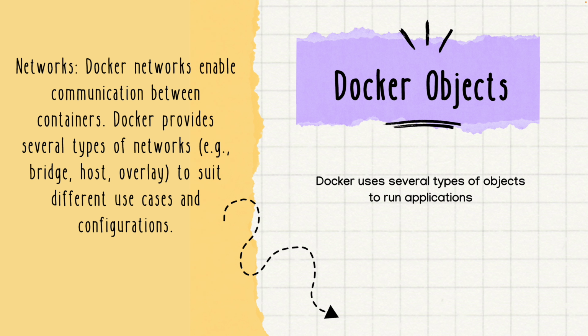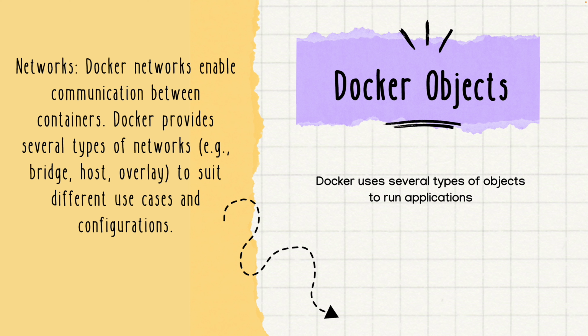Then the main thing for interaction is networks. Docker networks enable communication between containers. The containers are assigned unique IPs, and the way they communicate is through the network. There are several types of networks which Docker provides, such as bridge, host, and overlay, and they suit different configurations and use cases.